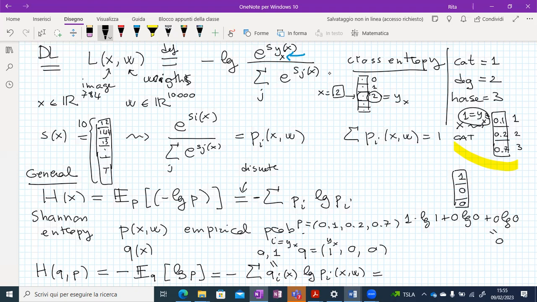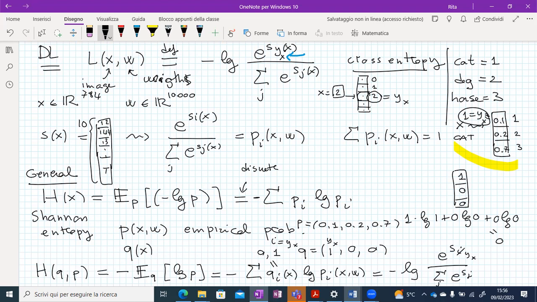So we obtain minus the logarithm of the probability, which is e to the score Yx over the summation over j of e to the score j. Here I should write s to the i, but then i is replaced by Yx. So we get really the loss.